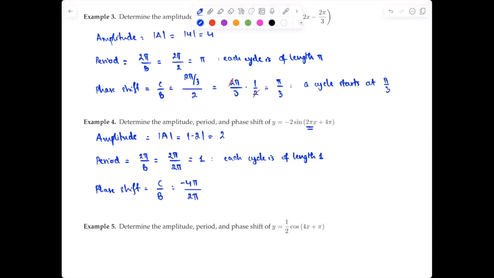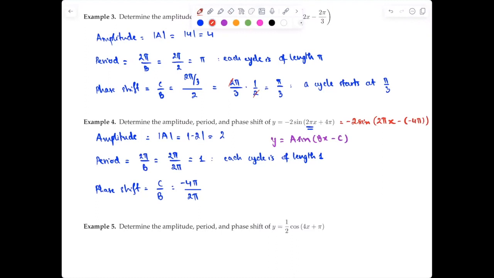You may wonder why it's negative 4 pi. If you go back to the definition of sine and cosine and the transformation, you see that the definition should be y equals a times sine of (bx minus c). And in this case, you have plus 4 pi. So technically, what we need to do is rewrite this function as negative 2 times sine of (2 pi x minus negative 4 pi).